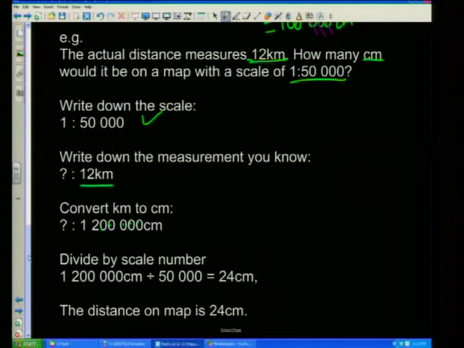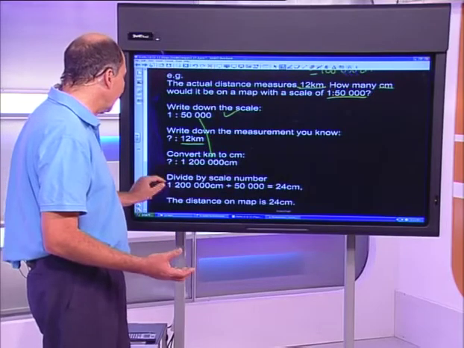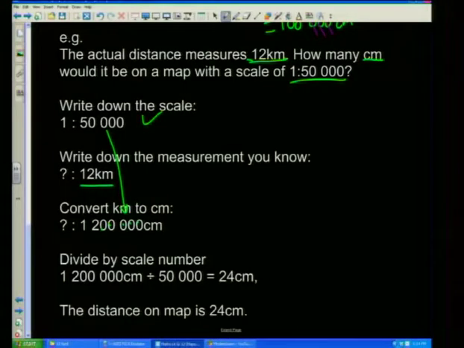Now what I'm going to do is say, how did I get from 50,000 to 1,200,000? Well, if I take 1,200,000 centimeters and divide by 50,000, it gives me 24.